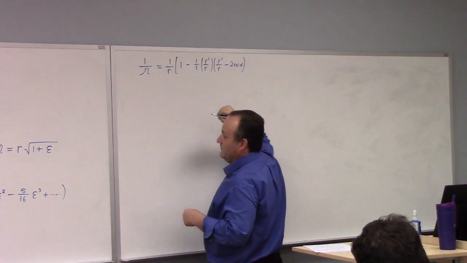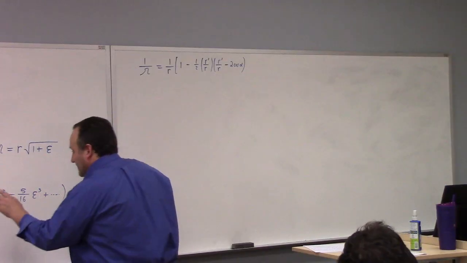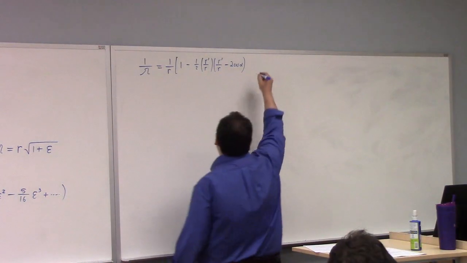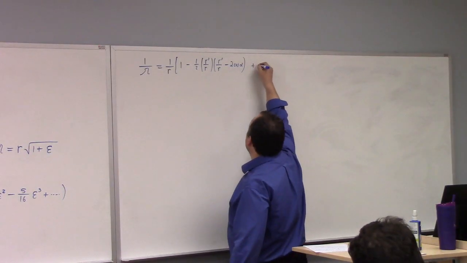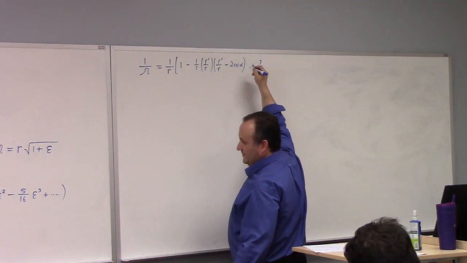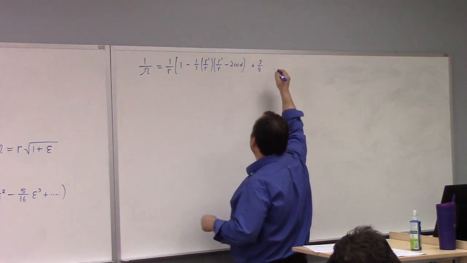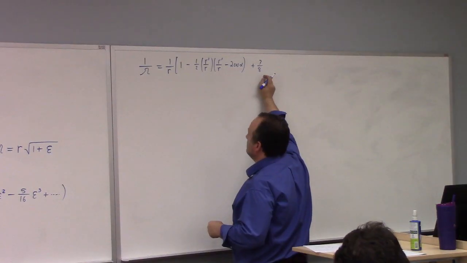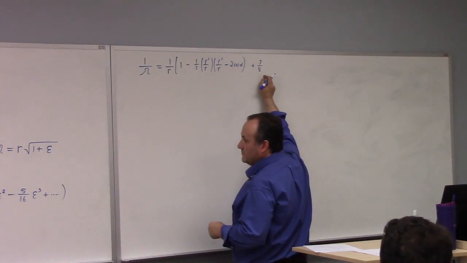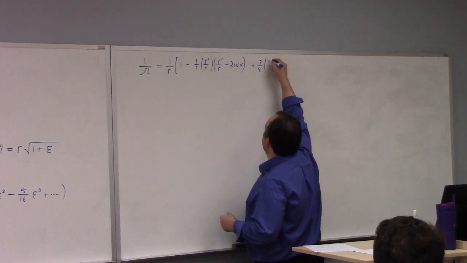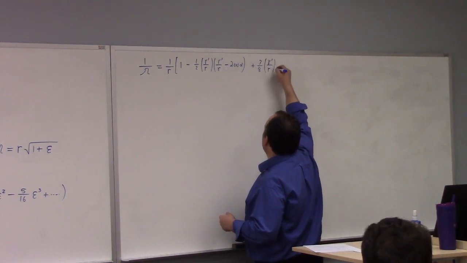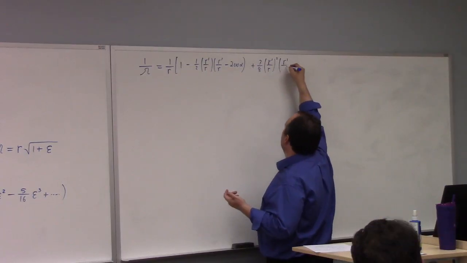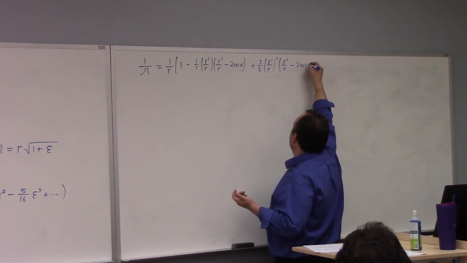Well, we have now reached the minus 1/2 epsilon stage. Now to the 3/8 epsilon squared. So plus 3/8 epsilon squared. Now epsilon squared is r prime over r squared, and then r prime over r minus 2 cosine alpha, quantity squared.